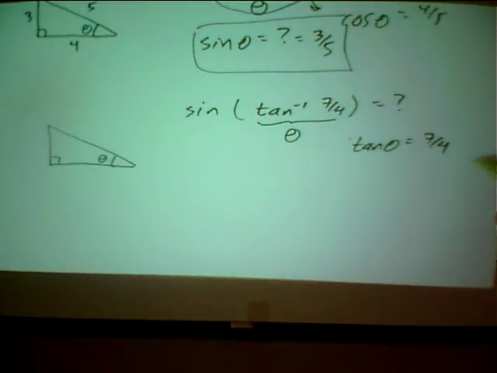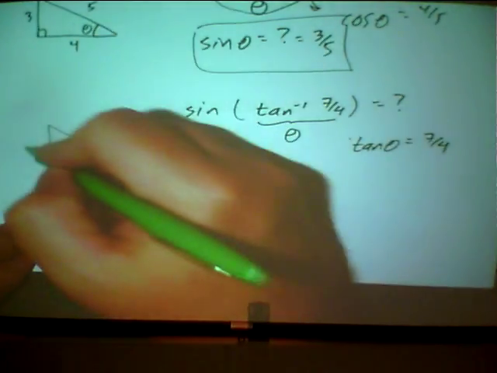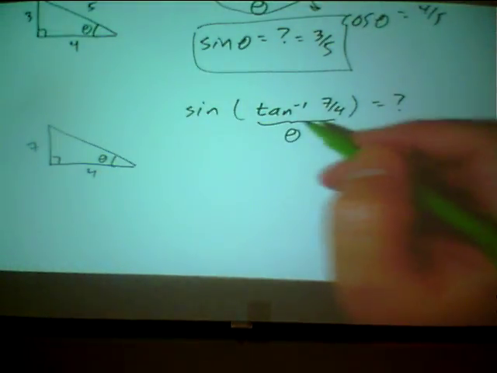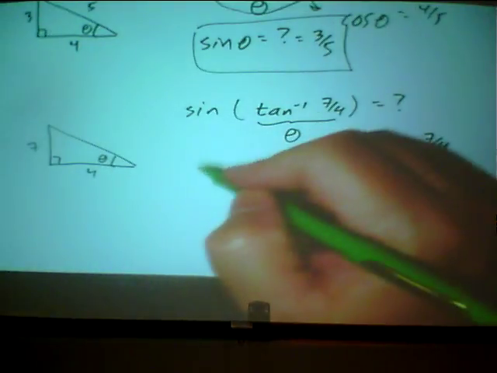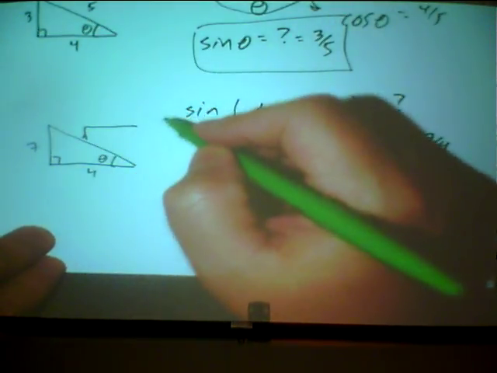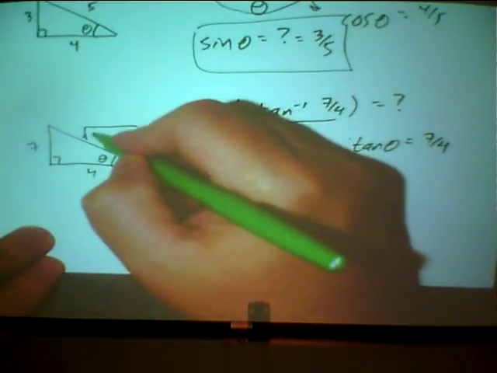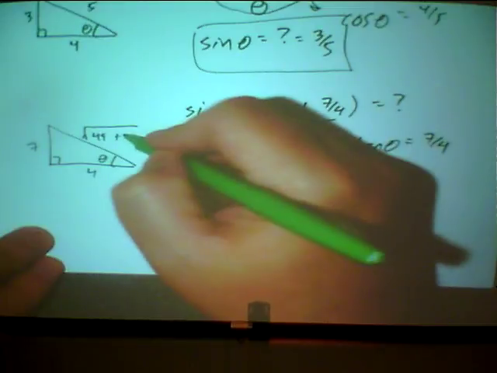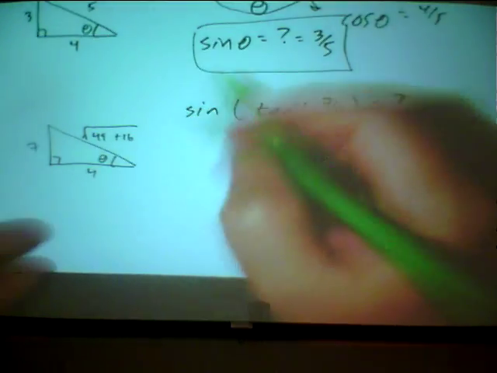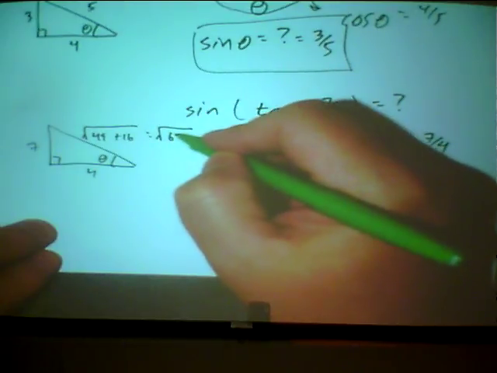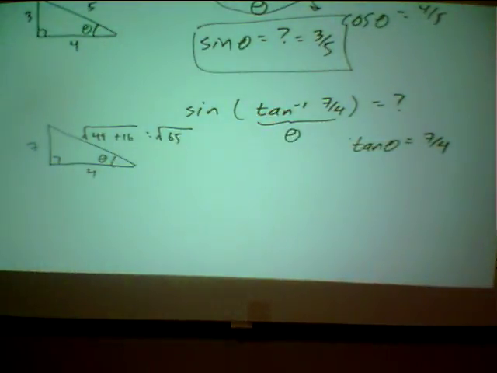Tangent is opposite over adjacent. And then to figure out the hypotenuse, the Pythagorean formula says 7 squared, which is 49, plus 4 squared, which is 16. It looks like the square root of 65 is my hypotenuse.